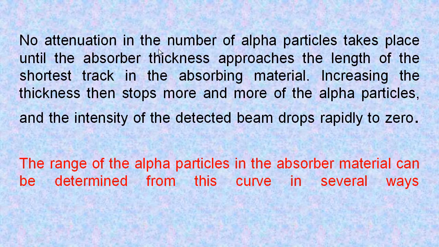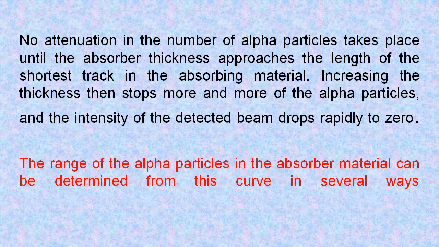No attenuation in the number of alpha particles takes place until the absorber thickness approaches the length of the shortest track in the absorbing material. That is a minimum distance. Up to that minimum distance, there is no attenuation. Increasing the thickness then stops more and more of the alpha particles, and the intensity of the detected beam drops rapidly to 0.